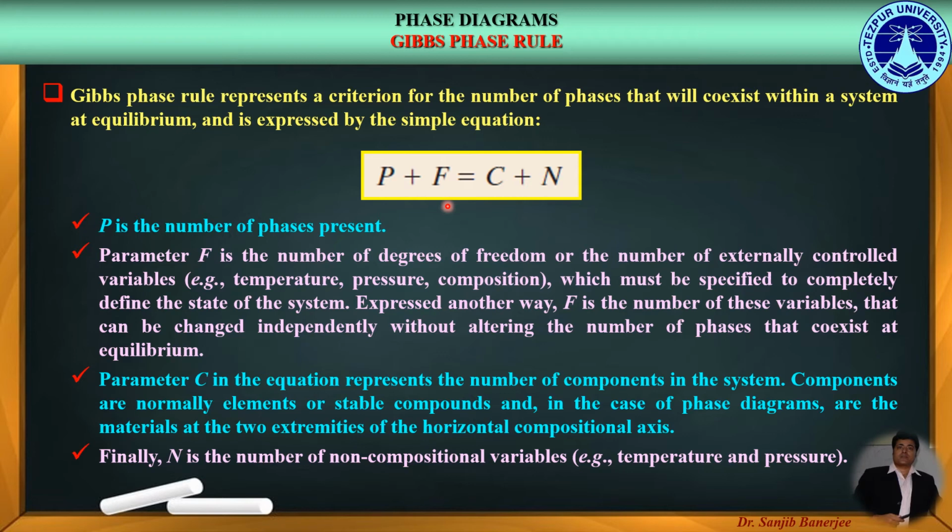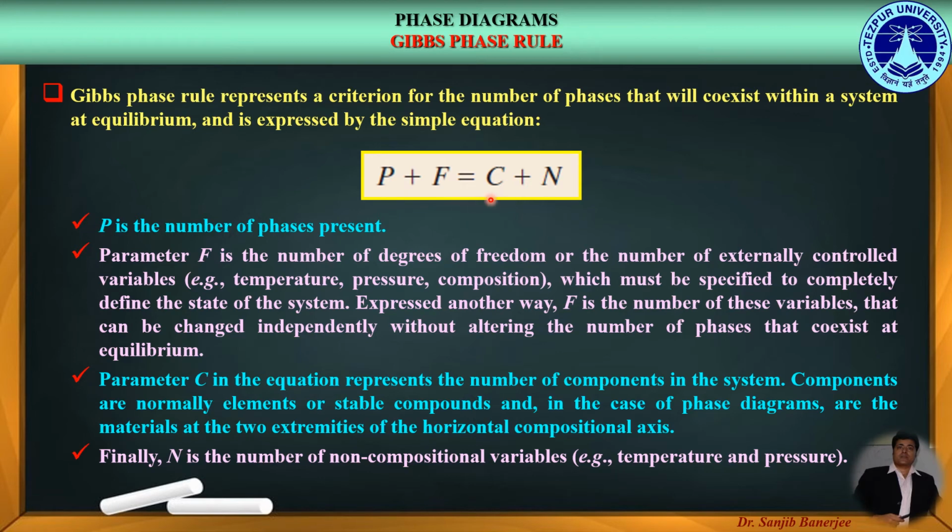If expressed another way, F is actually the number of these variables that can be changed independently without altering the number of phases that coexist at equilibrium.